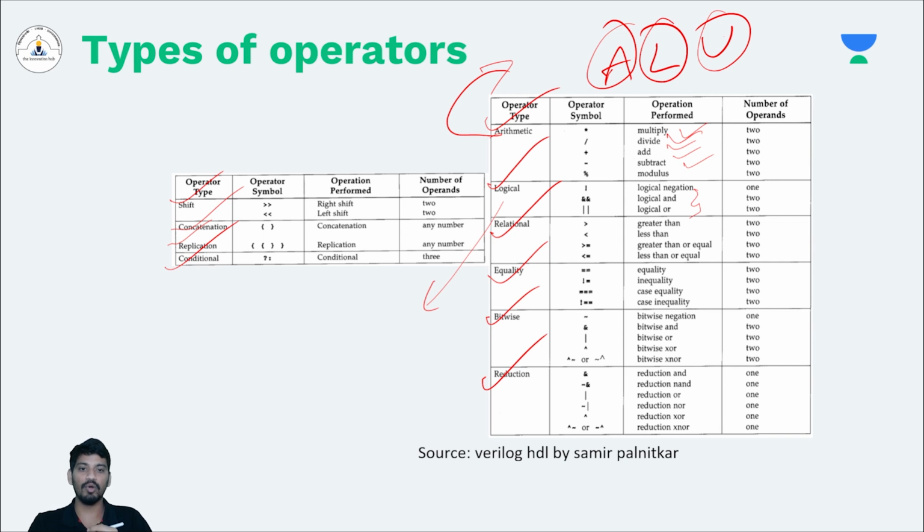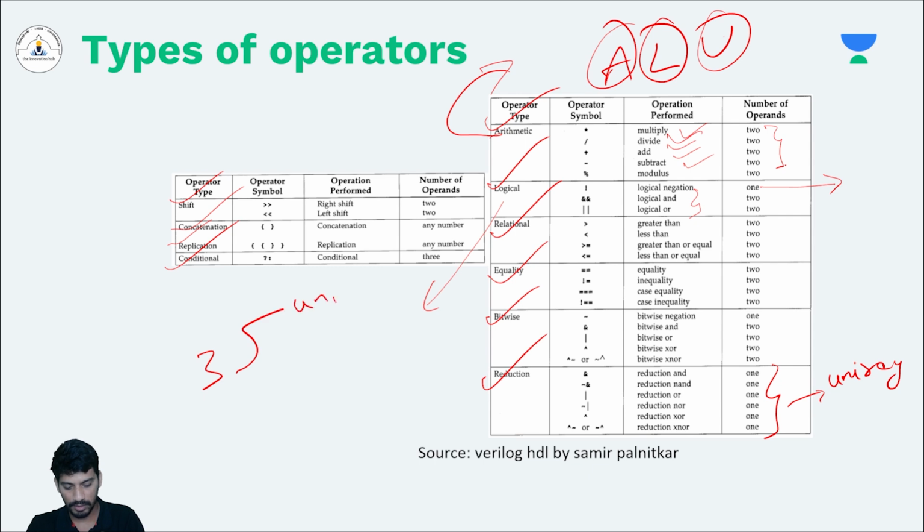Most of the operators work on two or more operands. The operators that work on only one operand are called unary operators, right? We have already seen there are three kinds of operators: unary, binary, and ternary.